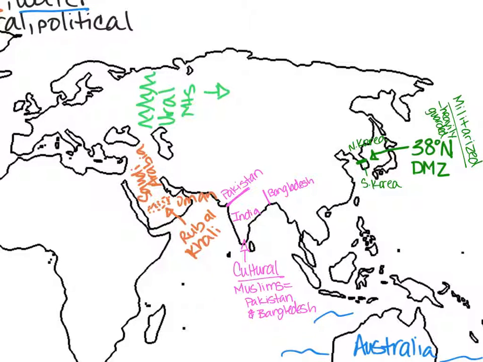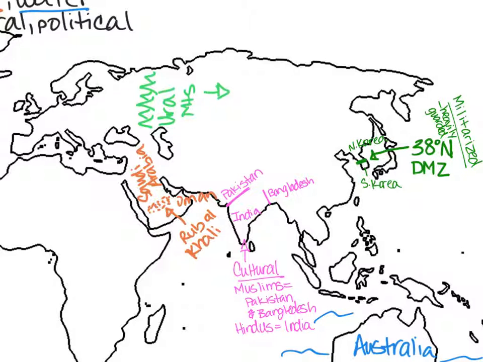And then who's in India? Yeah, Hindus. Now it took a long time to get that way because Britain used to own all of that. They used to own Pakistan, India, and Bangladesh all together. It was all just one piece, one big chunk of land.